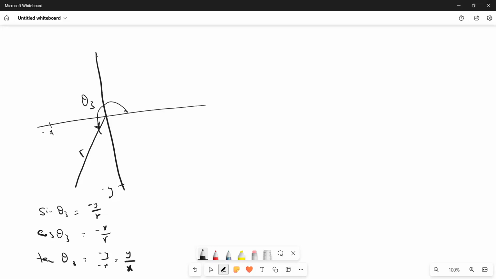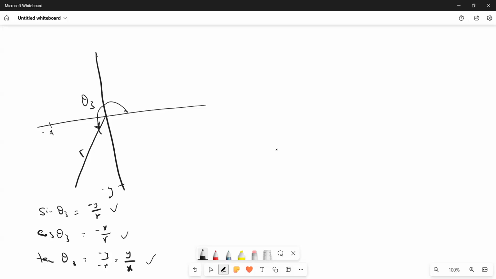Here we're not talking about just angles between 0 and 360. We're talking about any negative angle that falls there, and any positive angles greater than 360. These ratios hold: sine is negative, cosine is negative, tangent is positive.